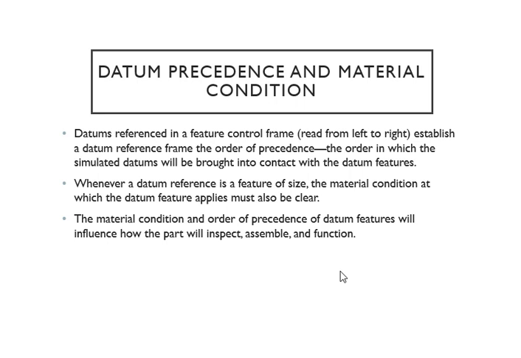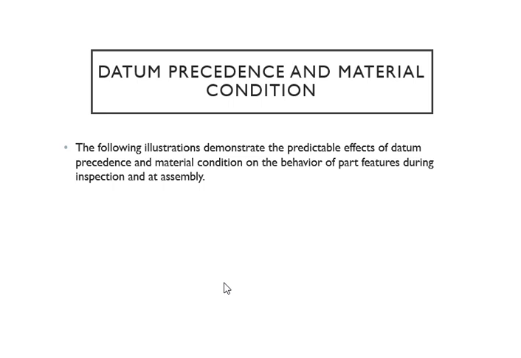Your material condition, where your datum feature applies, has to also be clear. Your order of precedence is very important because it's going to influence how your part will be inspected or function.